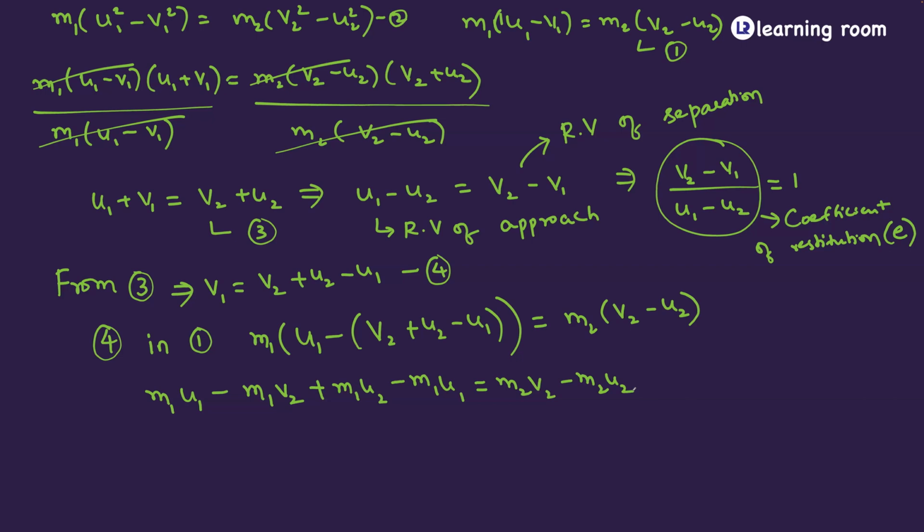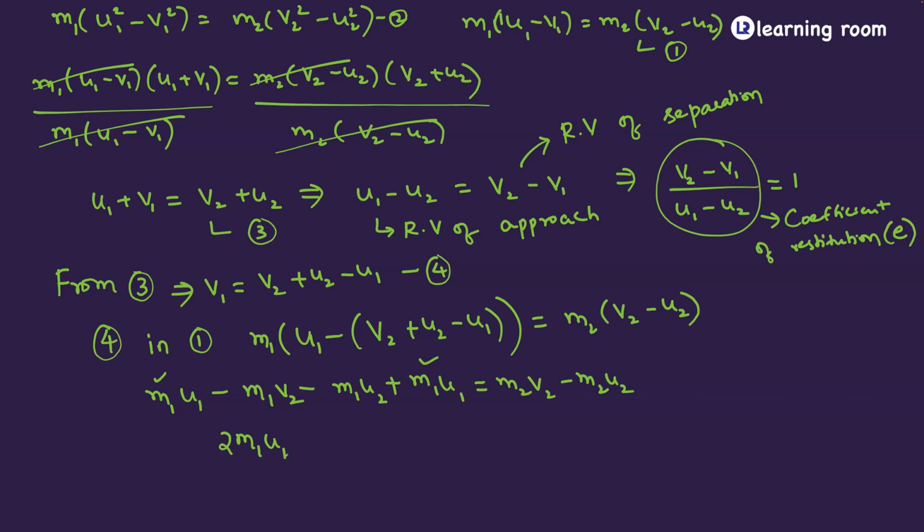Collect all the V2 terms on one side. Since V2 has a minus sign here, I'll push it to the other side. M1 U1 plus M1 U1 gives us 2 times M1 U1, and there is this minus M1 U2.